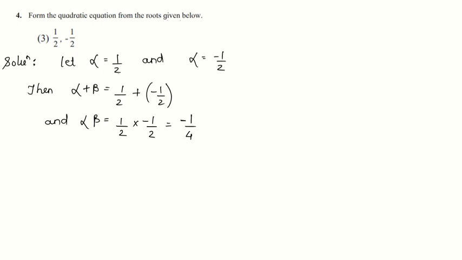To find alpha plus beta, 1 upon 2 plus minus 1 upon 2, the plus and minus change to minus, so plus 1 upon 2 and minus 1 upon 2 is nothing but equal to 0. This plus and minus get cancelled. Therefore, alpha plus beta is equal to 0 and alpha into beta is equal to 1 upon 2 into minus 1 upon 2. Therefore, minus 1 into 1 is minus 1, 2 into 2 is 4.